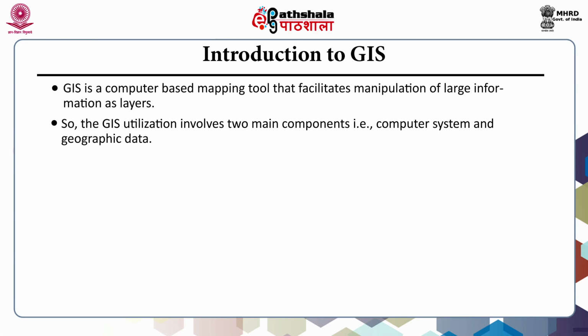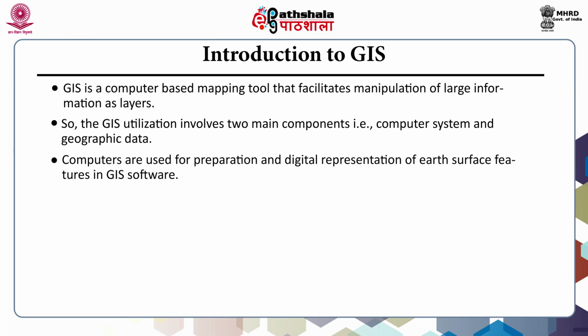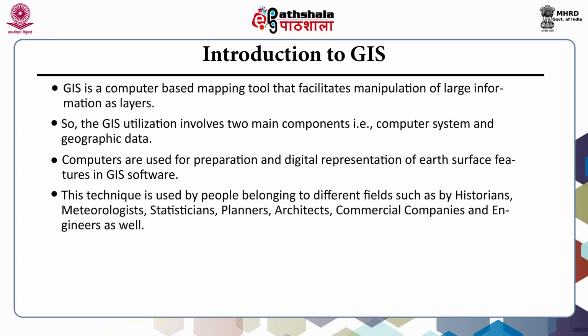The GIS utilization involves two main components, that is the computer system and the geographic data. The computers are used for preparation and digital representation of Earth's surface features in GIS software. This technique is used by people belonging to different fields such as historians, meteorologists, statisticians, planners, architects, commercial companies as well as engineers.